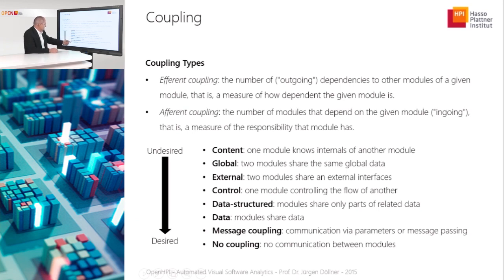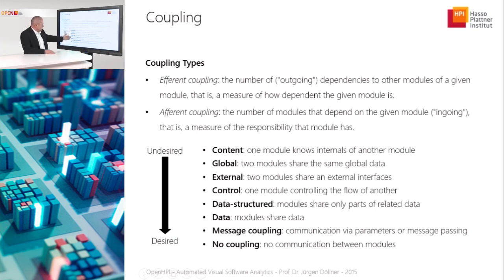What is desired is if the module has a clear and strict set of dependencies in relation to the other modules. For example, if data is structured, if data is encapsulated, message coupling, or even no coupling.